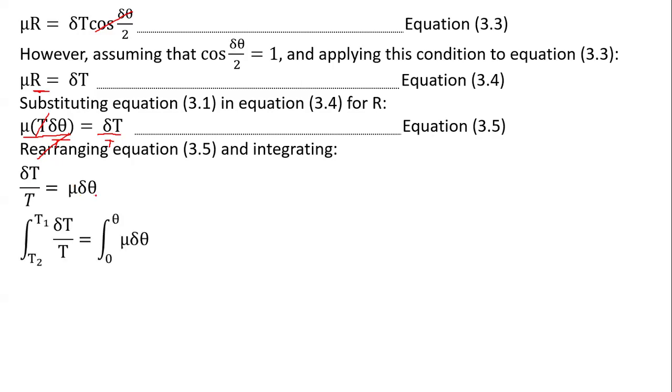So then I can now integrate between the limits. On this side, I'm integrating between T1 and T2. The other side, I'm integrating between the angles 0 and theta. Now, what you can notice when we're doing integration is that here I have theta raised to power 0.